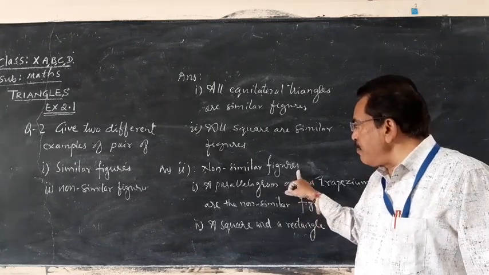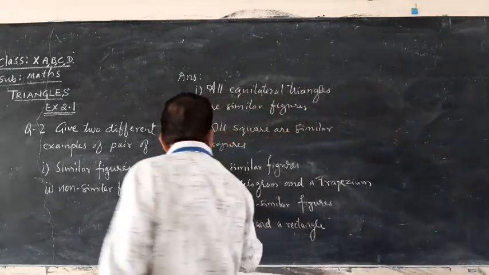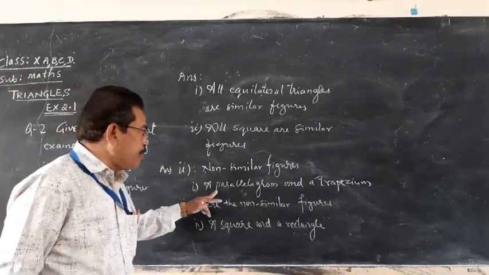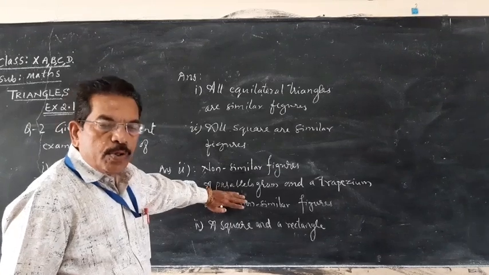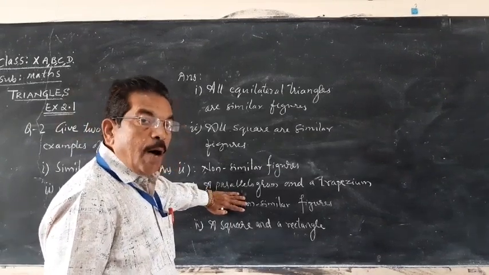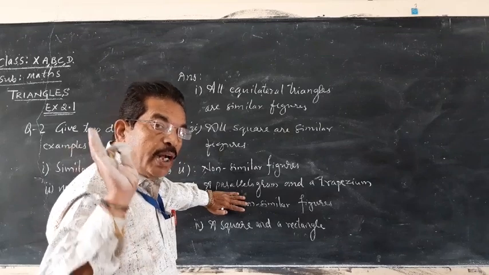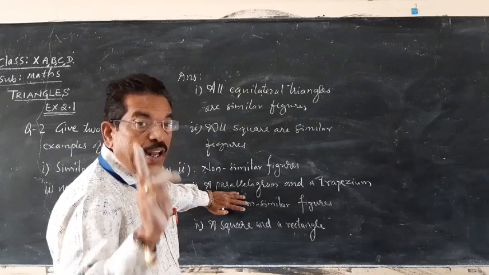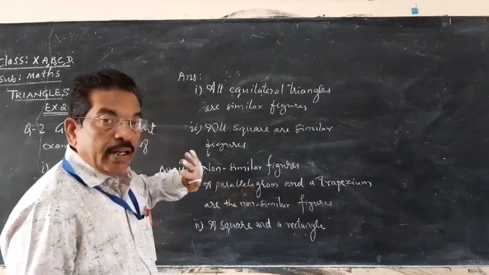Then non-similar figures, that is a parallelogram and a trapezium. In a parallelogram opposite sides are equal and parallel, but in a trapezium only one pair of opposite sides are parallel.